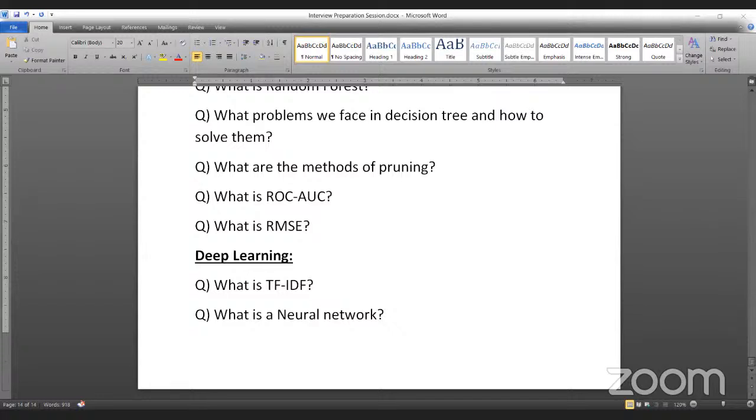So a neural network basically aims to imitate a human brain neuron.